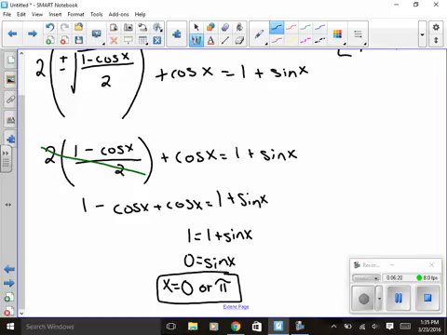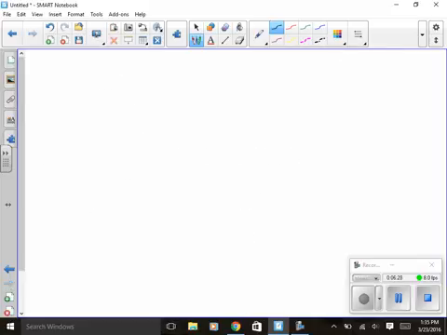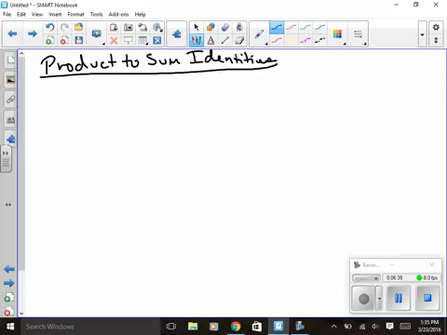We have a couple more. We have product to sum identities and then sum to product identities. With this one, we have sine of alpha times sine of beta.